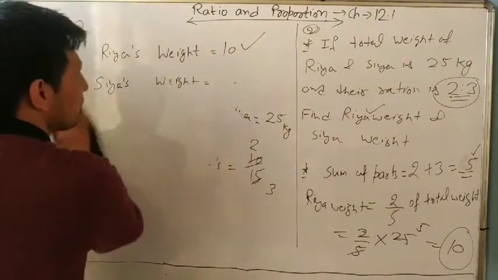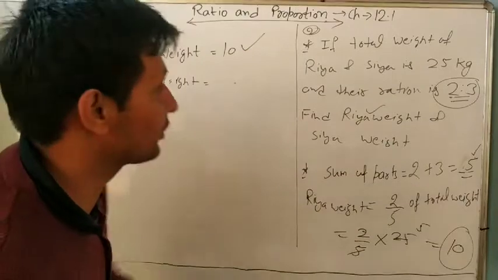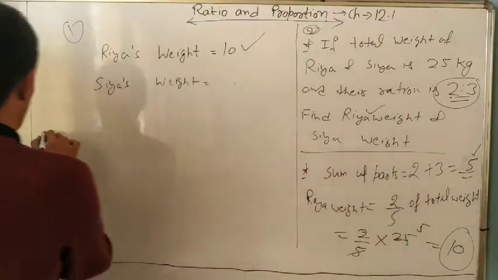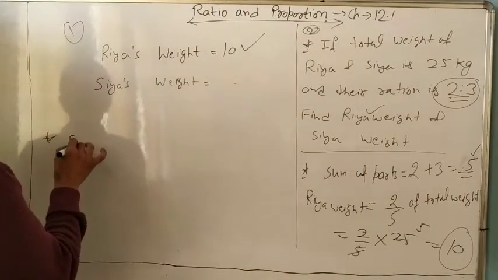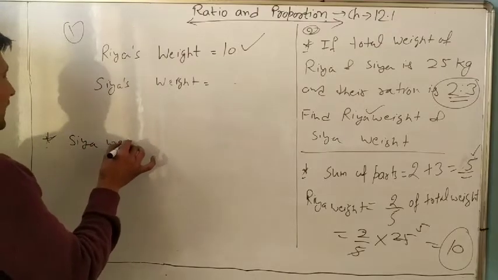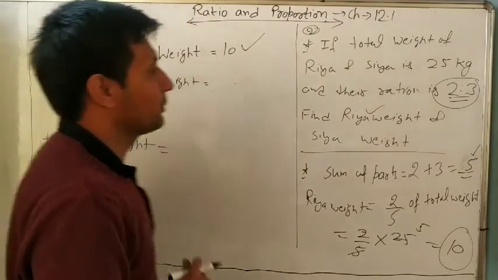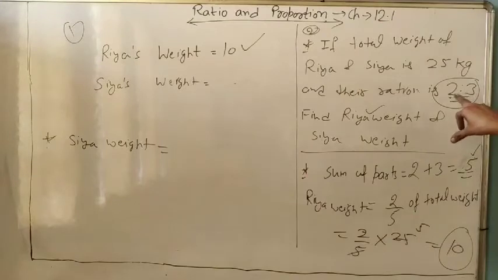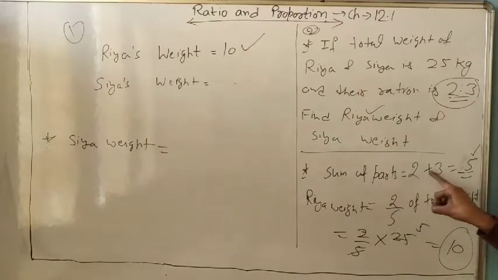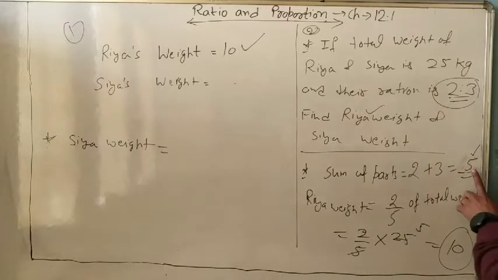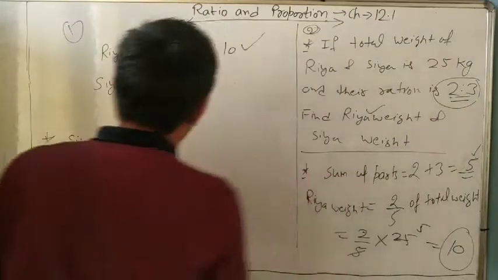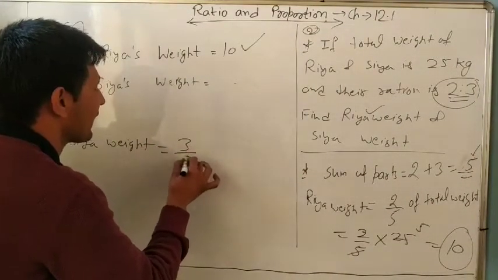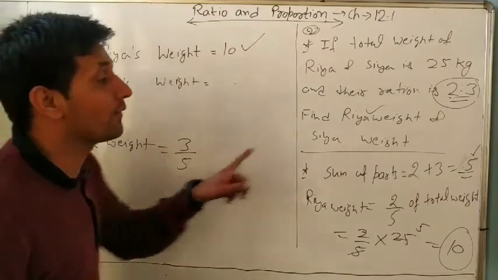In the same way, if I ask for Sia's weight: if Riya's is 2, Sia's is 3, so the sum of parts is 2 plus 3, 5. If the total weight is 5, Riya is 2 kg and Sia is 3 kg. So Sia's weight is 3 upon 5 of the total weight.